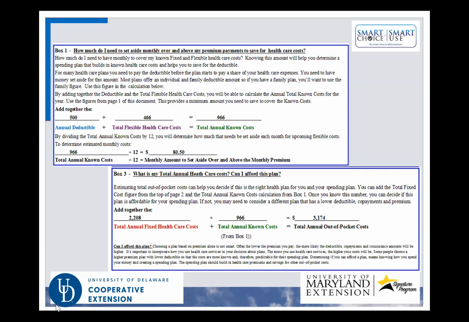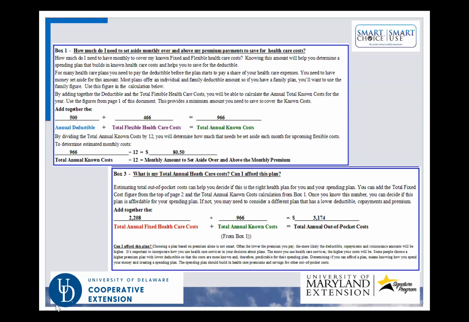Depending on how you use healthcare services and the kinds of services you're using will really need to drive whether you pick a plan with a low premium, or one that might be a little higher, but over time, when you add in all of those other out-of-pocket costs, it's actually less money to go with a higher premium and lower other out-of-pocket costs.